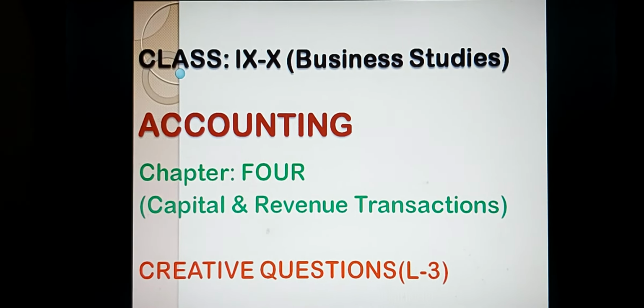I hope you have completed your homework from the rules and regulations of capital and revenue transactions, that is from the key point of lecture number 1 for chapter 4. Okay, now I can go to answer A. In this creative question, 2 deferred revenue expenditures are available.